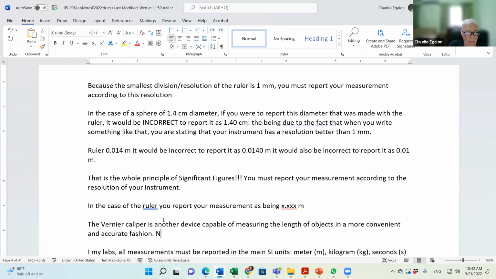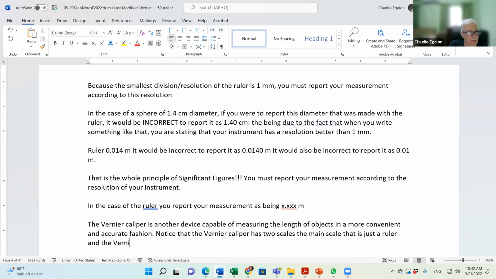Note that the vernier caliper has two scales: the main scale, that is just a ruler, and the vernier scale that allows you to measure an object up to a tenth of a millimeter.